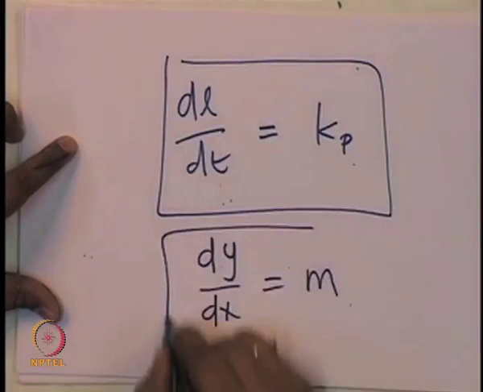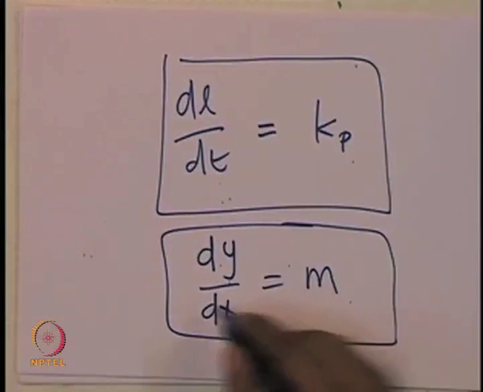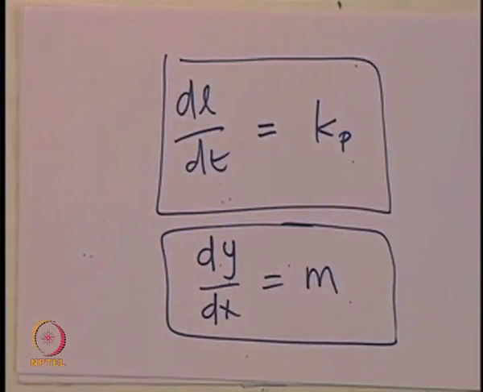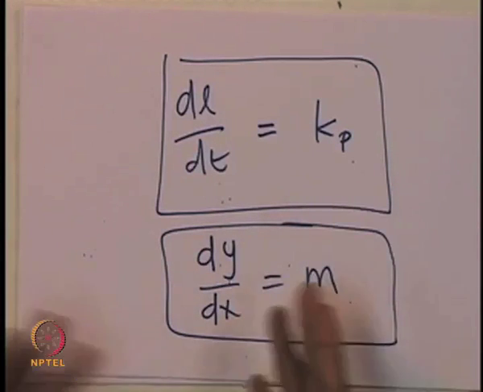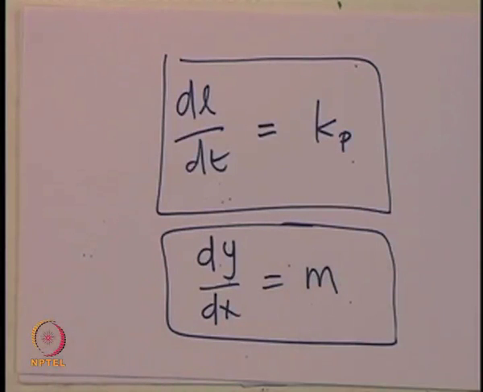These are similar equations. So, this itself gives you a hint that this will have something to do with a straight line. Let us try and understand what the straight line is here, but let us go back.